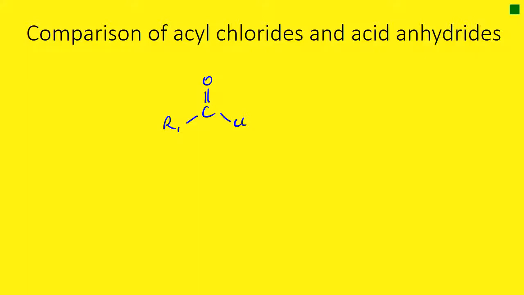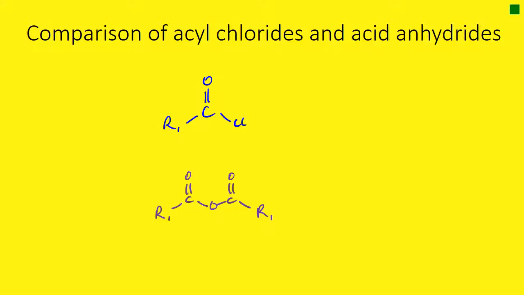And the equivalent acyl anhydride would look like this. Let's do that in purple. Okay, so we're going to have our ester link, and then a carbonyl carbon, two carbonyl groups on either side, and on the other side of the carbonyl group is the same R1 group. Okay, so it's the same R1 group as in the acyl chloride, but in the acid anhydride we've got two of them.